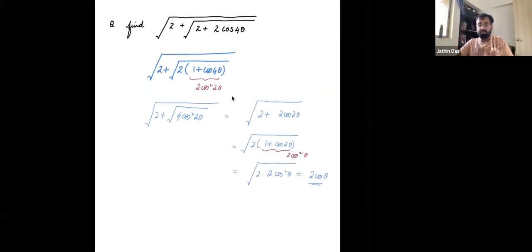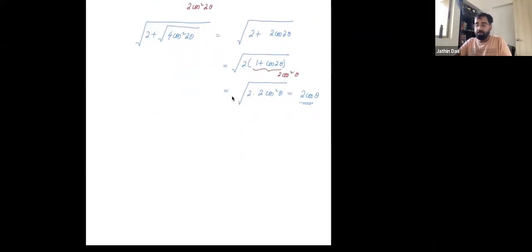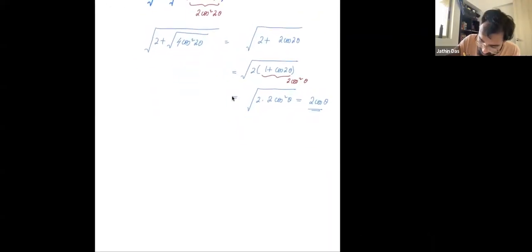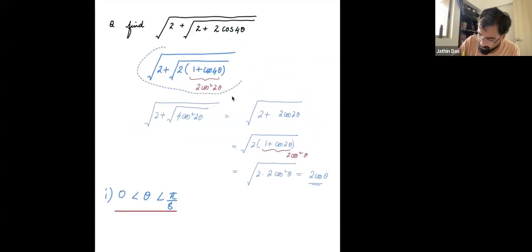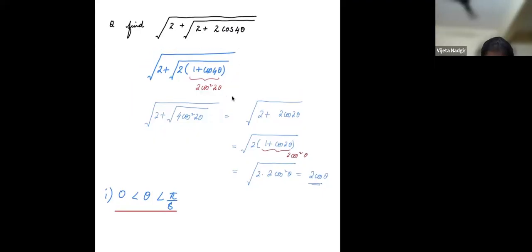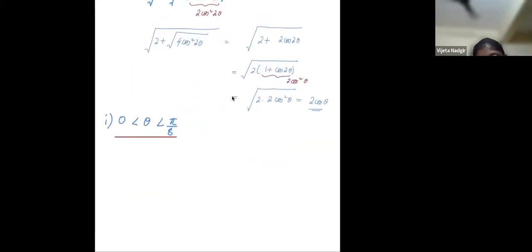Okay, first listen to this question completely. Now, they have given the question that theta is between 0 to pi by 8, suppose. First case. From here till here, everything is fine. Here also, everything is fine.